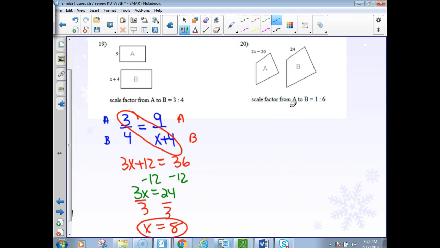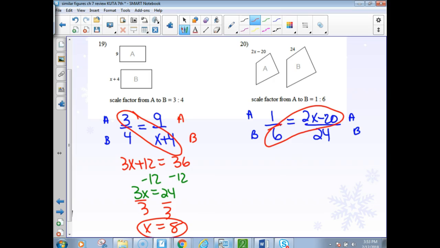On the second problem, it says scale factor A to B is 1 to 6. Since we did A to B in the scale factor, I have to start with A in my second fraction, 2x minus 20 over 24. A to B again. All right, cross products. 6 times the quantity 2x minus 20 is equal to 1 times 24.